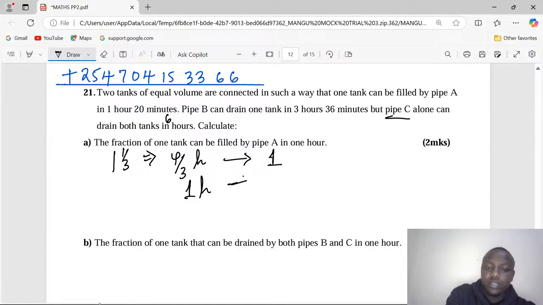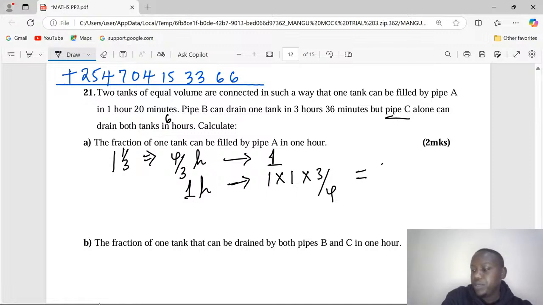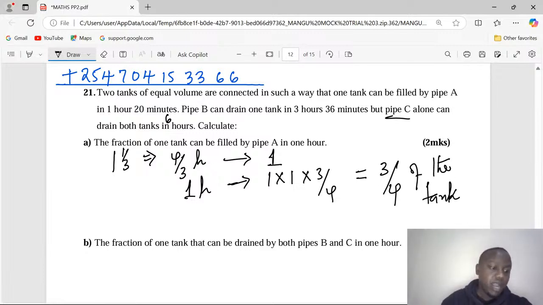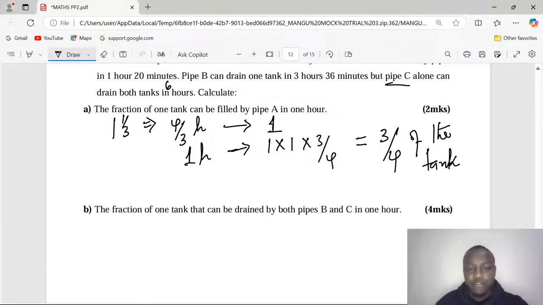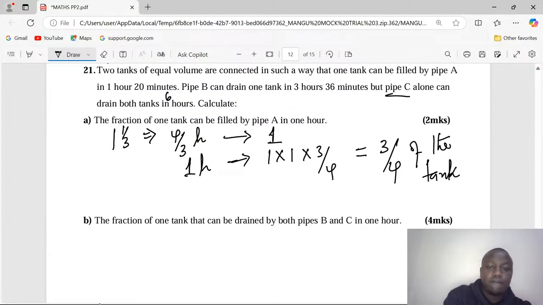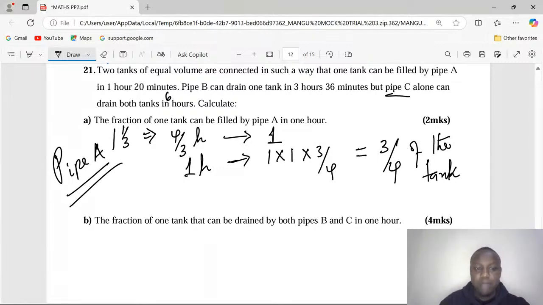This means 1 divided by 4 over 3, which means times 3 over 4. So it is going to be 3 out of 4 of the tank. This is for pipe A.